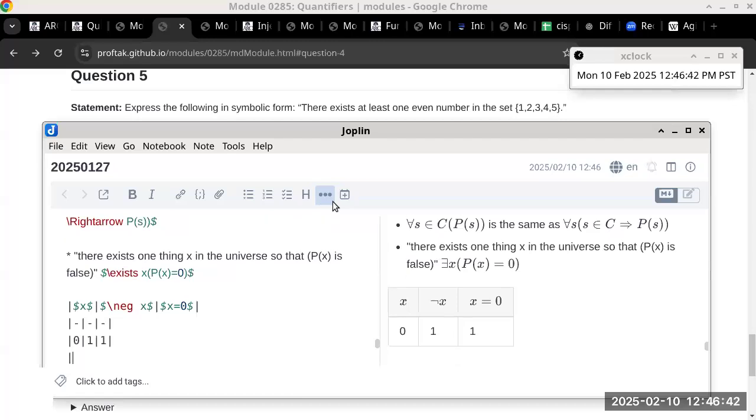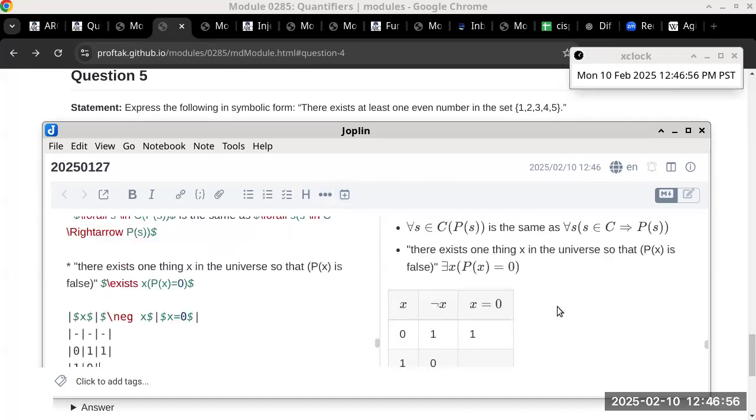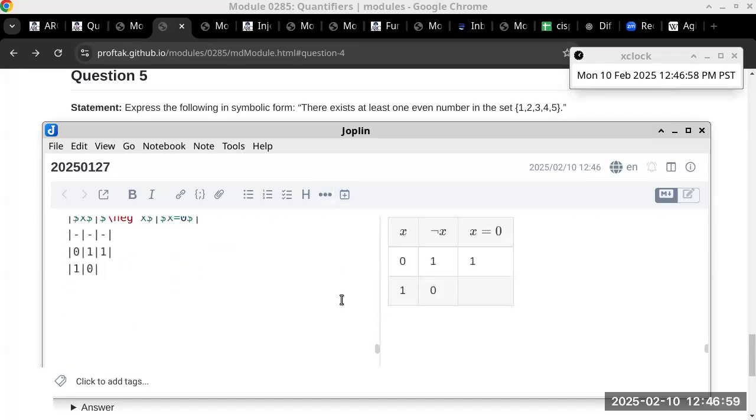Okay, excellent. So now we have to answer the question of what if x is true to begin with? Not true is false. And then if x is true and we are asking does true equal to false? What is the answer to that? No, false.